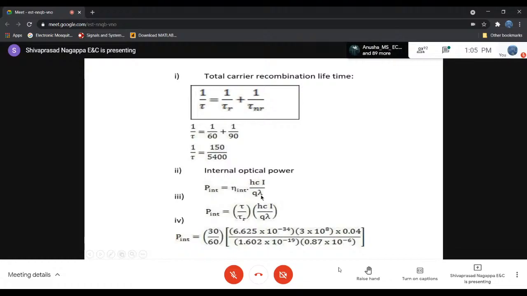That is what we have discussed in the previous class. If you substitute all these things, the efficiency will be equal to tau by tau r, which you already know. So what would be the answer?